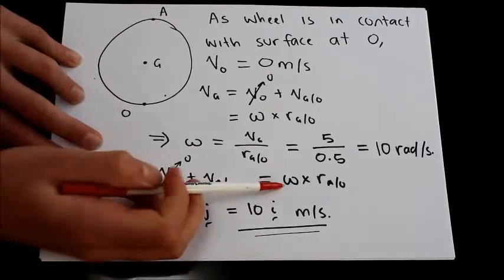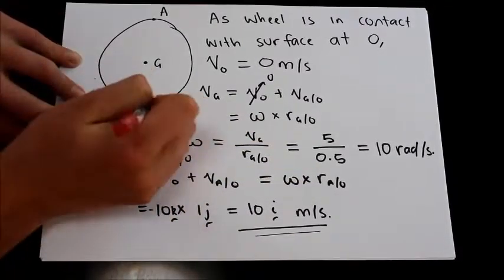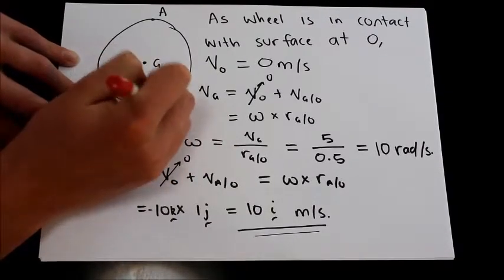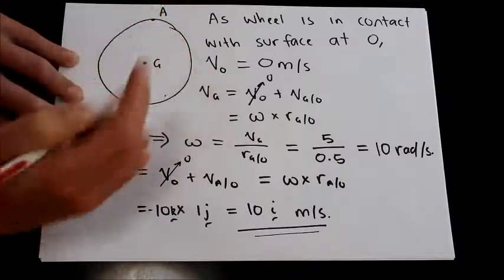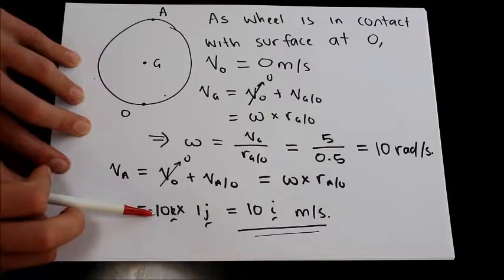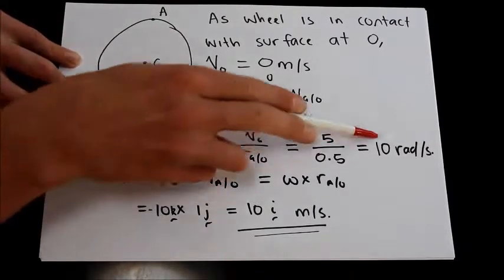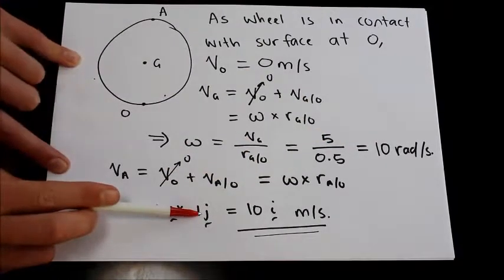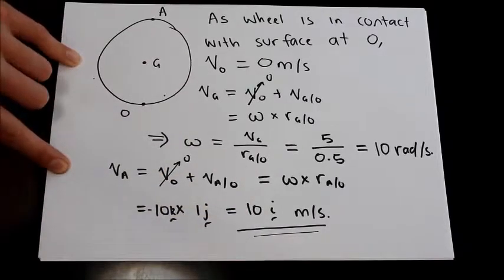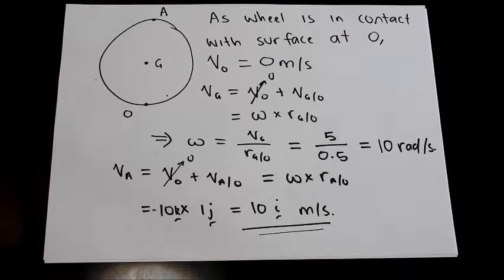That simply expands to omega crossed with r of A with respect to O. If we take i as that direction and j as that direction, then we get a positive k as the anticlockwise rotation. Hence omega is negative k because it's clockwise. So it's negative 10k, crossed with 1j. Then when we do our cross product rules, we get that this is equal to 10i meters per second. So I know the maximum velocity is 10 meters per second to the right, at the top of the wheel.